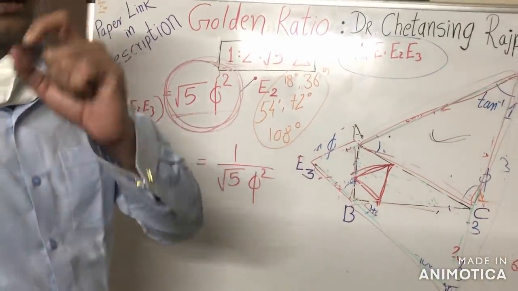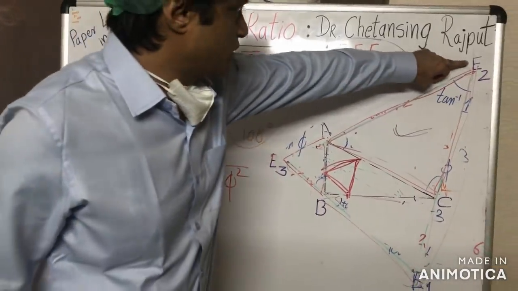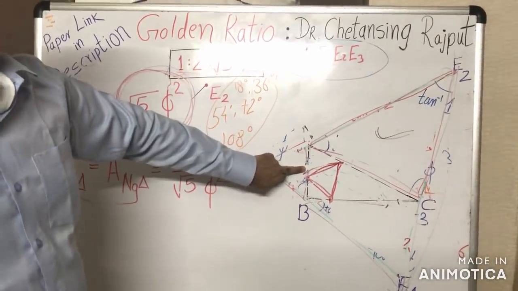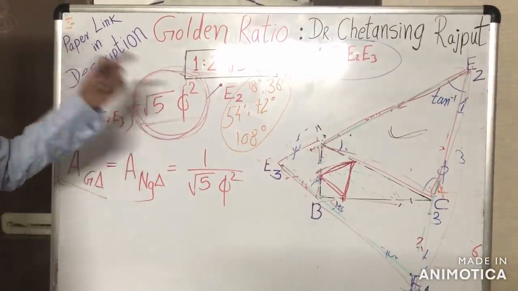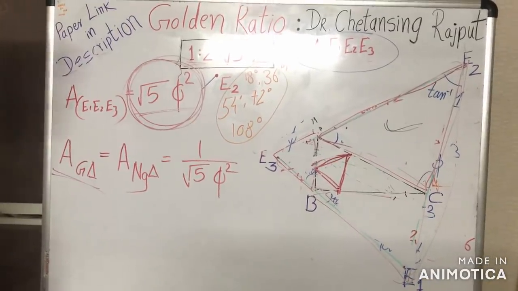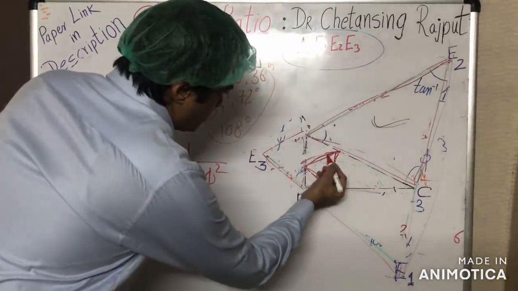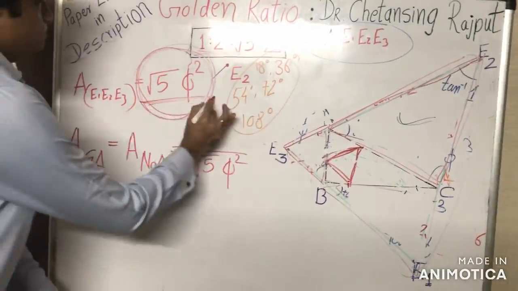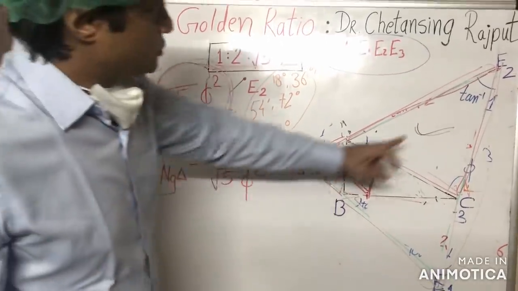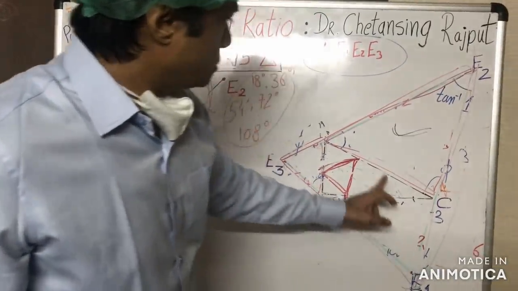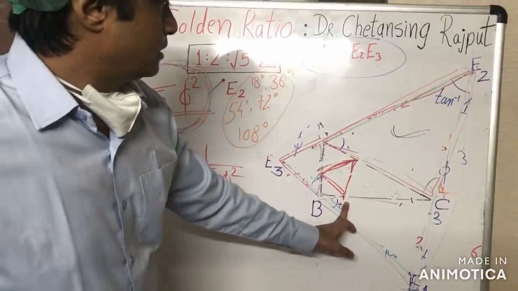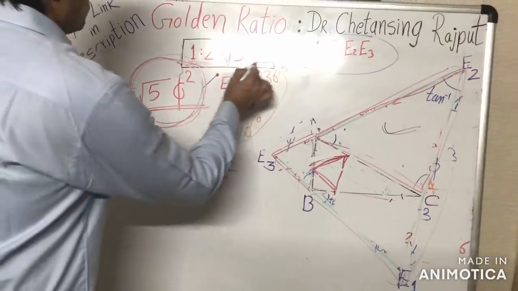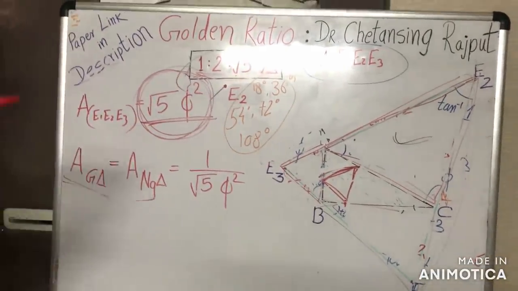There is a definite ratio between the corresponding sides of the excentral triangle and the Gergonne triangle, and that ratio is root 5 phi squared. The ratio of a side of the excentral triangle to the corresponding side of the Gergonne triangle is precisely this value. Such an interesting geometry of this 1 to root 5 reference triangle.